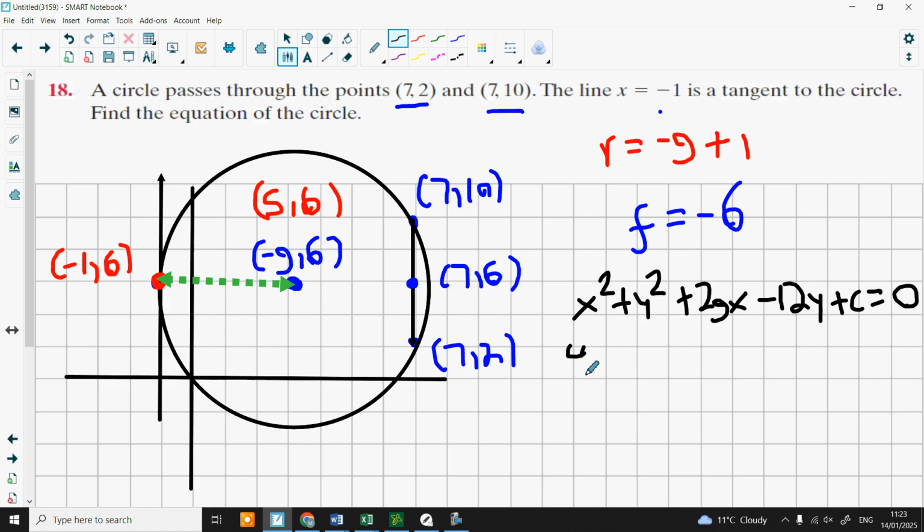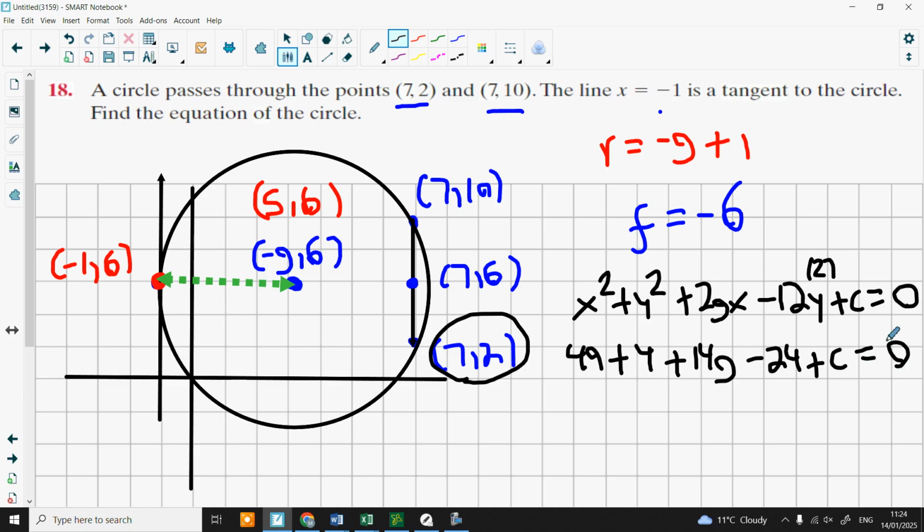What we're going to get is 49 plus 4 plus 2gx. What's 2gx again? We're using the point (7, 2), so what do you reckon? 14g. The other one? Plus c equals 0. So what are we going to get? 14g plus c equals, anybody? 53 take away 24?